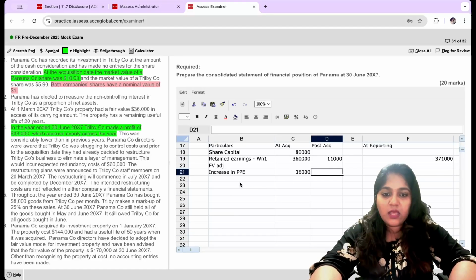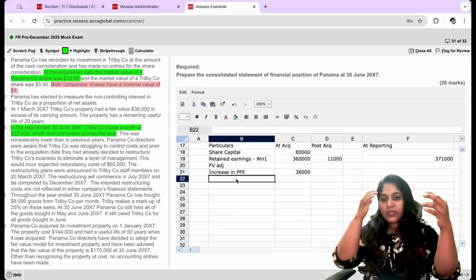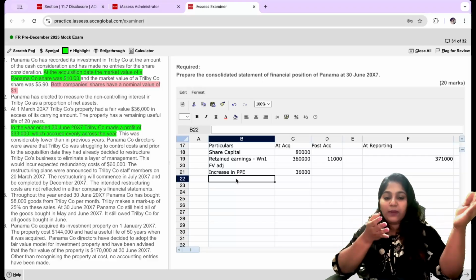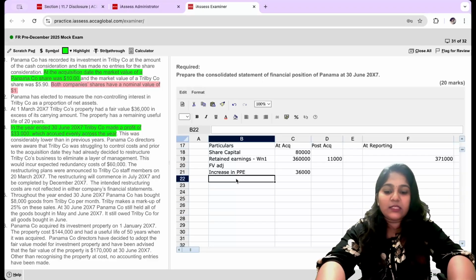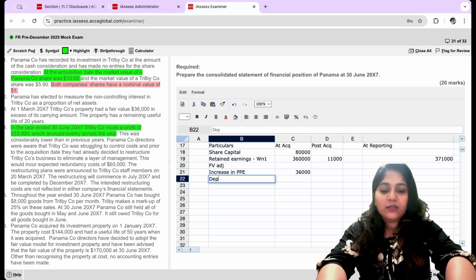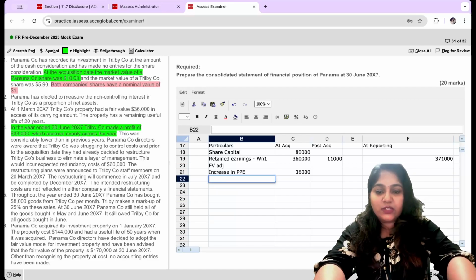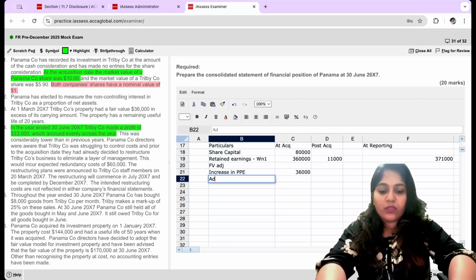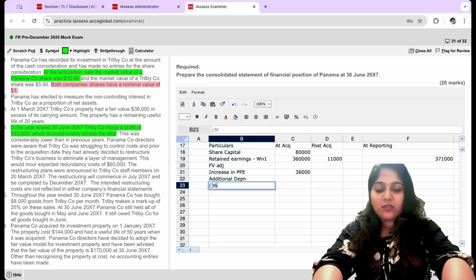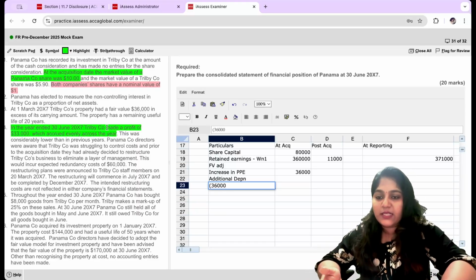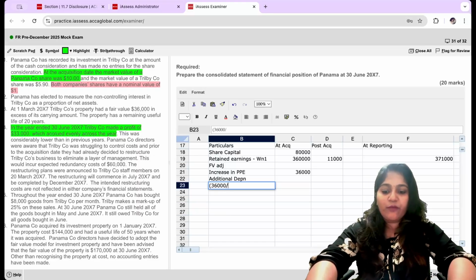Now, just because the value of the asset has been increased, we also should know that if property, plant and equipment is increased, the depreciation on that will also increase. So I have to consider the additional depreciation that you're supposed to charge. That will be based on this $36,000, and it has clearly been told that it has a remaining useful life of 20 years.